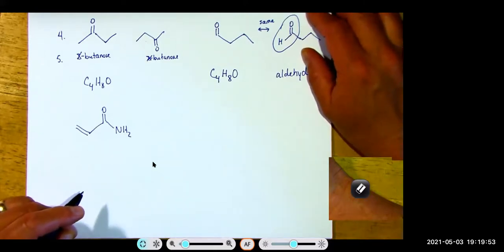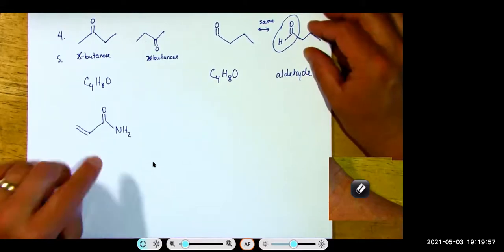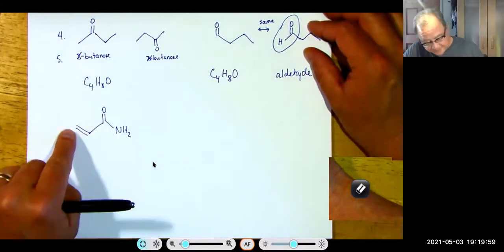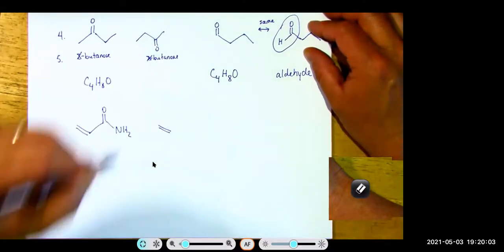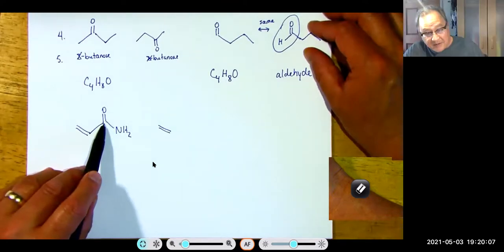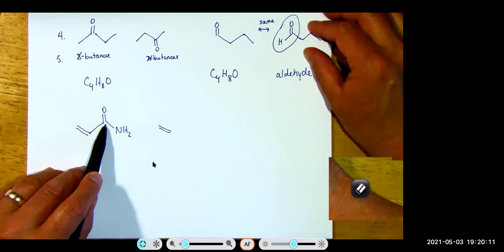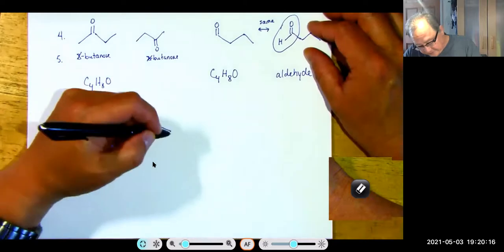Can we put the oxygen on carbon 3? No, on the carbon that's connected to the NH. This one right here? No, the next one. This one. Like this?